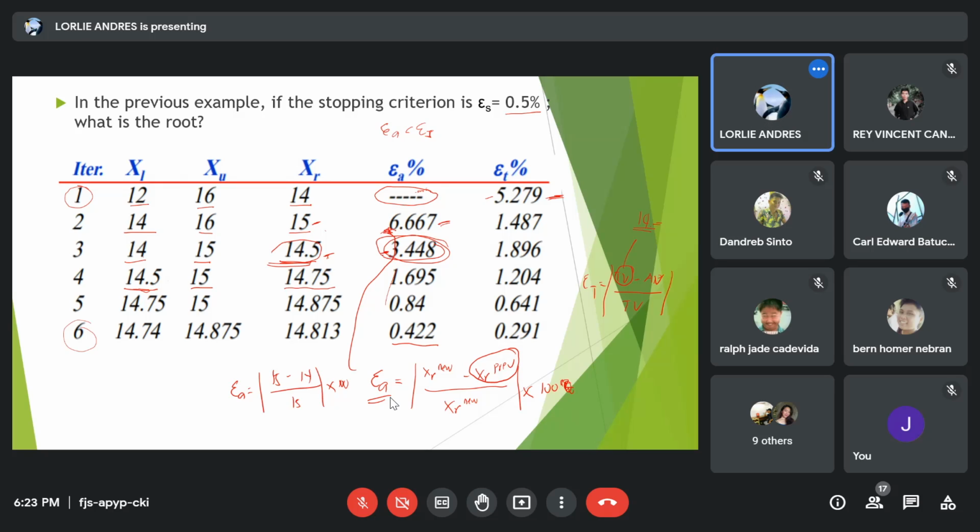Kay absolute man ta, so wala siya nagamatter kung unsa ang sign. So, you have 3.448. Then, sunod na pod, 14.75 minus 14.5 divided by 14.75, mao na po niya ang iyahang result. Next is 14.875 minus 14.75 divided by 14.875, mao na po niya ang iyahang result as the approximate percent relative error until nagbelow na siya sa 5%. Mo-stop na siya sa iteration process.